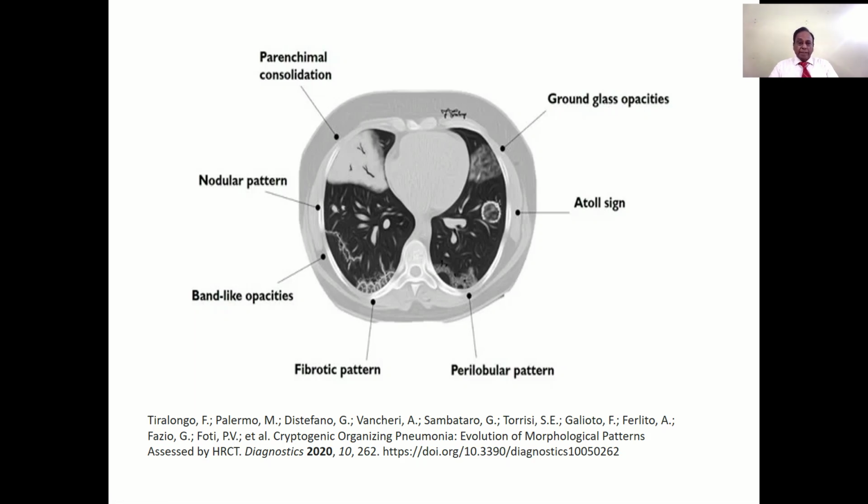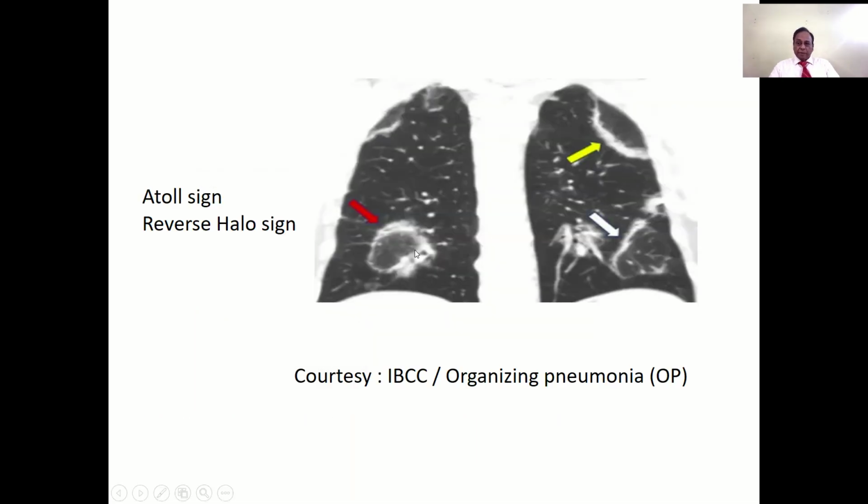And what is the atoll sign? Atoll sign is the reverse of the halo sign. We all know the halo sign is the one that typically happens in fungal balls, following old treated TB lesions, cavity lesions; some fungal balls may appear like that. That is called the halo sign. Here it is the reverse of the halo sign.